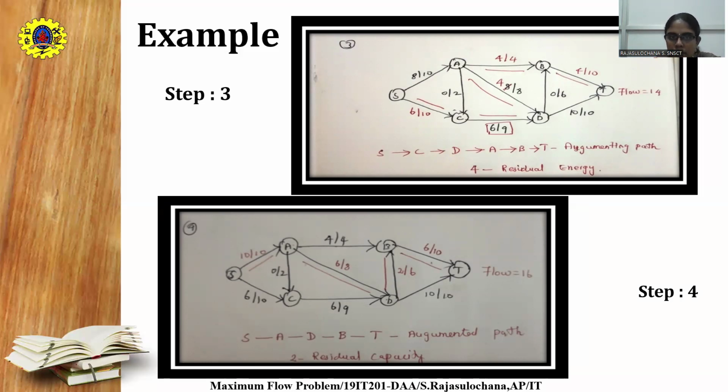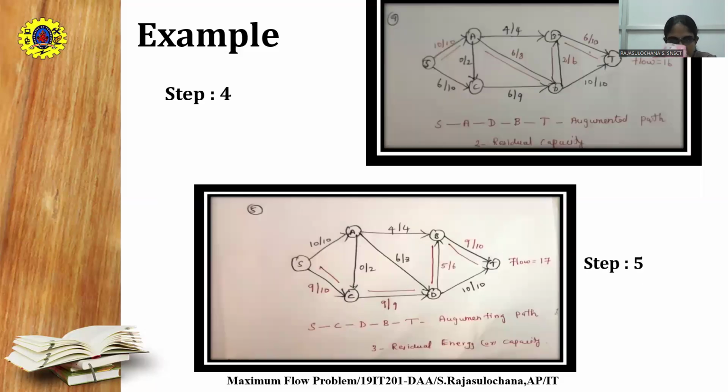So of these values, 2 is the minimum, which is from S to A, where we have only remaining capacity 2. So I'm adding this residual capacity to all the edges. So if I add it to all the edges, in the edge S to A, the flow becomes equal to capacity. So no more flow is permitted in that particular edge. So initially the flow was 14, and adding 2 to it, the final maximum flow will be 16.